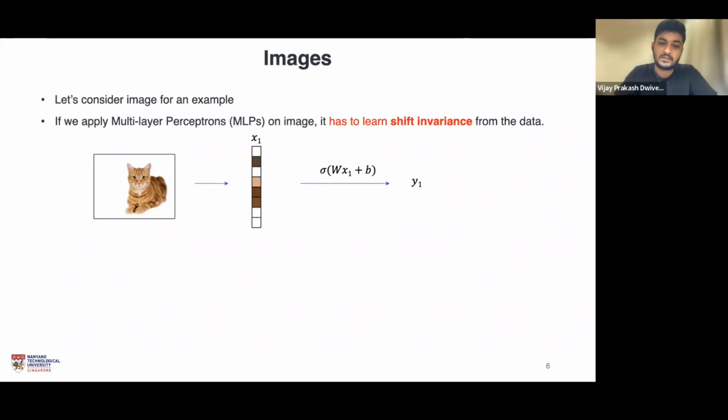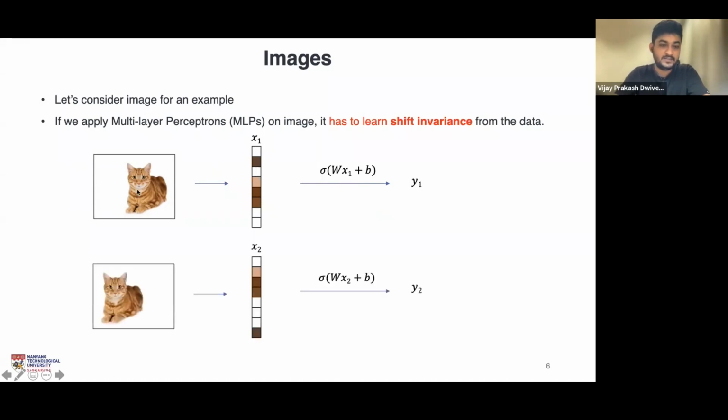So now we have x1, which represents the image. It's a vector of pixels, and we pass it to the perceptron. There can be multiple layers after this. The y1 can be passed again to the next layer, then it becomes a multi-layer perceptron. It gives the output y1 and has the parameters w and b.